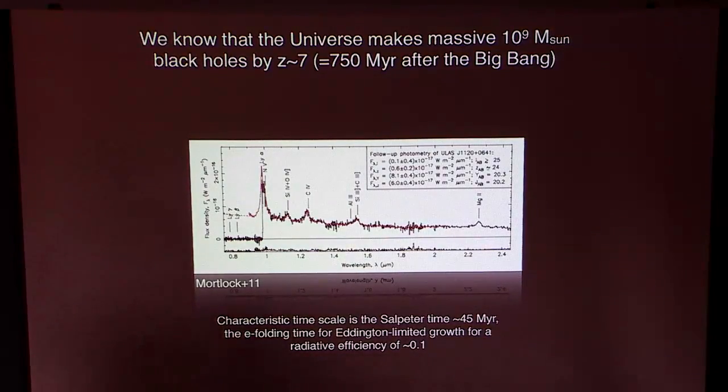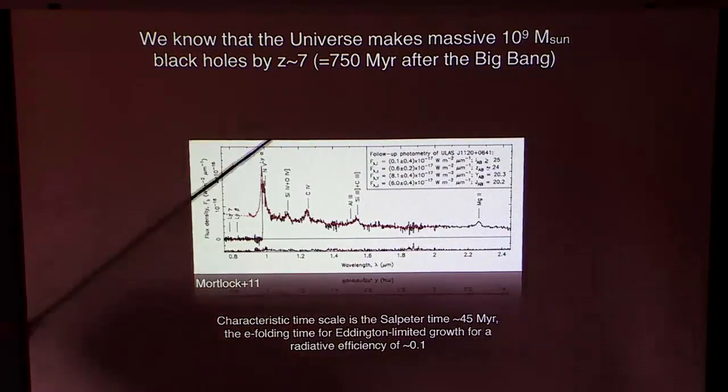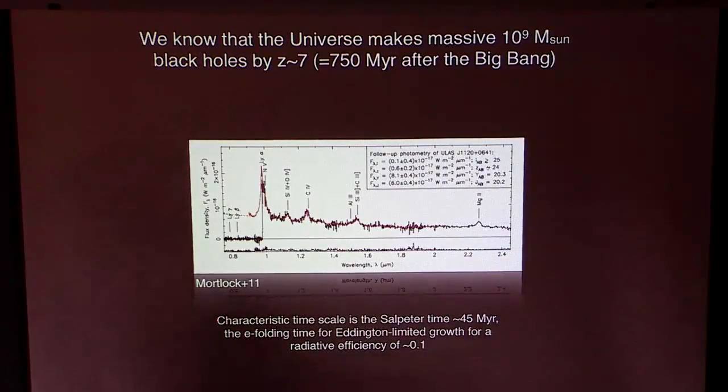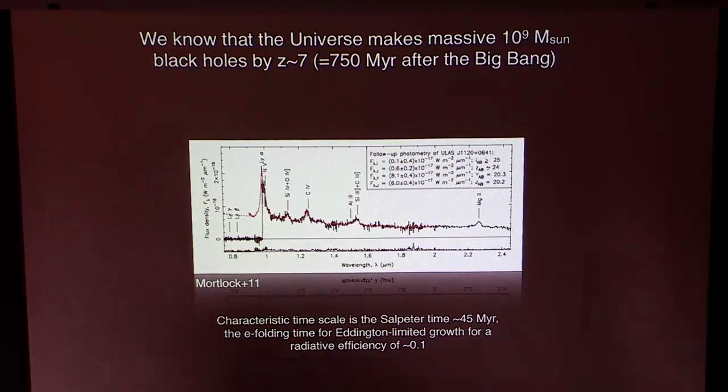And this is a problem, because the characteristic growth time for a black hole, the Salpeter time, is about 45 to 50 million years. The e-folding time is long enough that at this age, 750 million years after the Big Bang, if you assume you don't start right after the Big Bang but wait for the first stars to form, this is tight and probably not feasible if you stay within the Eddington limit.